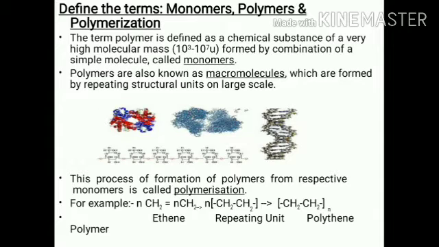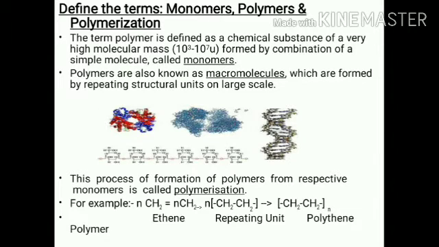Polymer is a macromolecule because it is formed by the combination of many monomer units. So polymers have a high melting point and high molecular mass, and are formed by repeating structural units on a large scale.